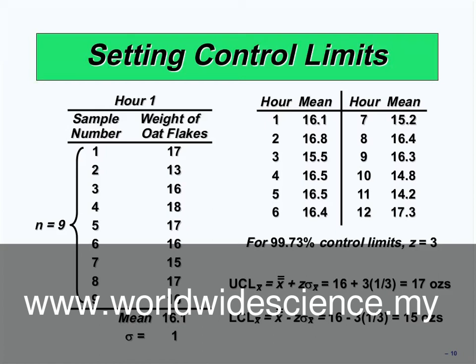In each cup, for example, the first cup was 17 grams, the second cup 15 grams, the third cup 16 grams, and so on, he took 9 cups. Then he calculated the average for 1 hour. It became 16.1.